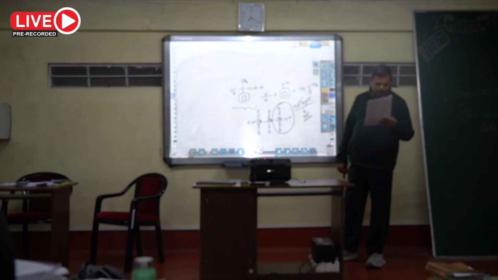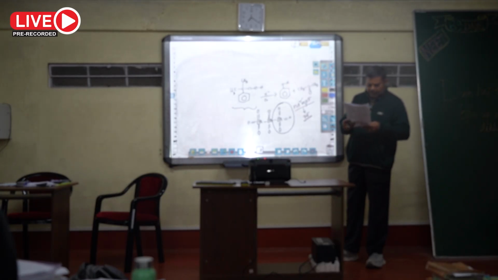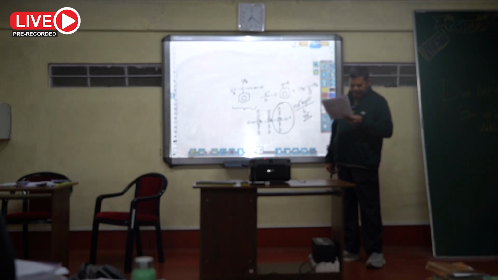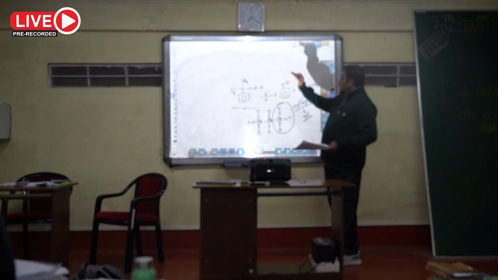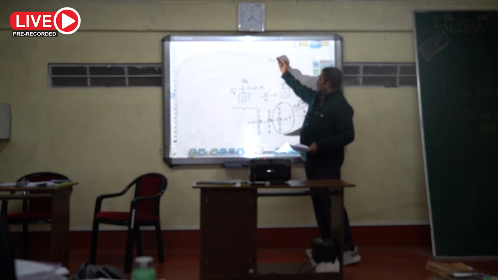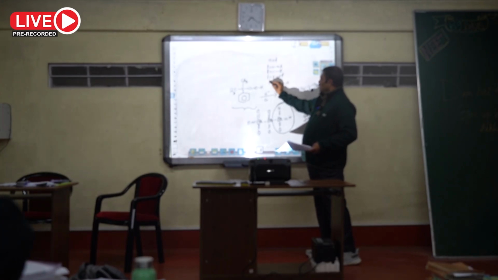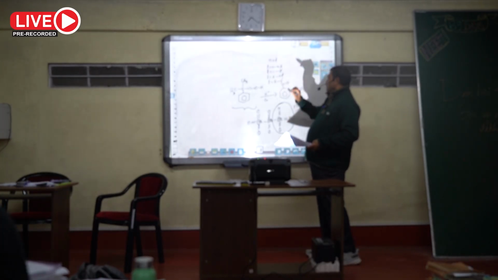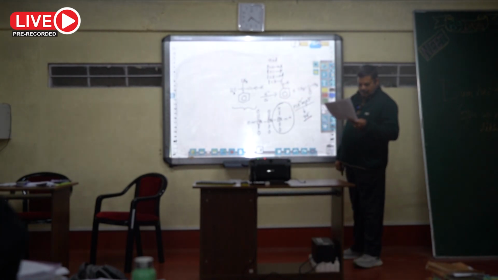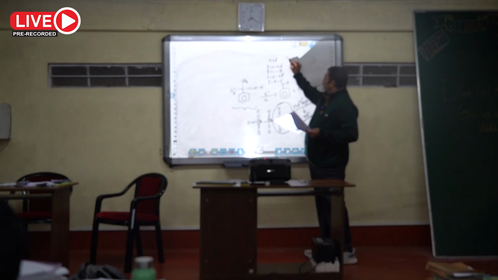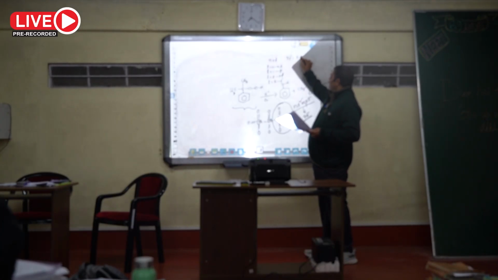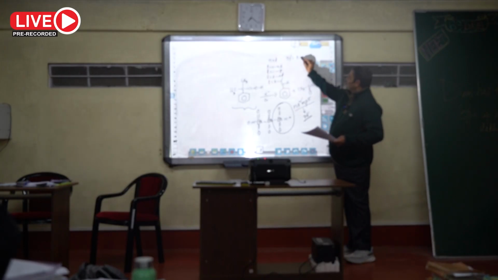Next question. This is a regular order: 4d, 5d, 5f. So you write n plus l values. If l is equal to 0, it is s; p, l is equal to 1; d, l is equal to 2; l is equal to 3, f subshell. Now if you write 5f, 5 plus 3, 8.